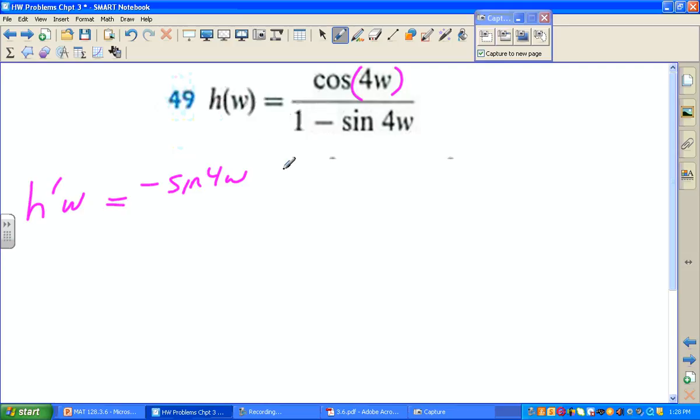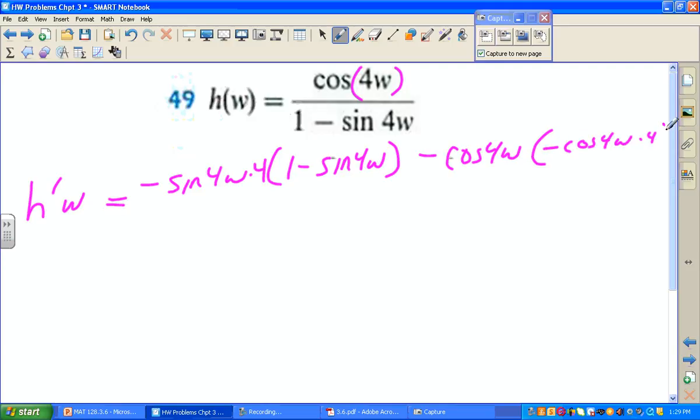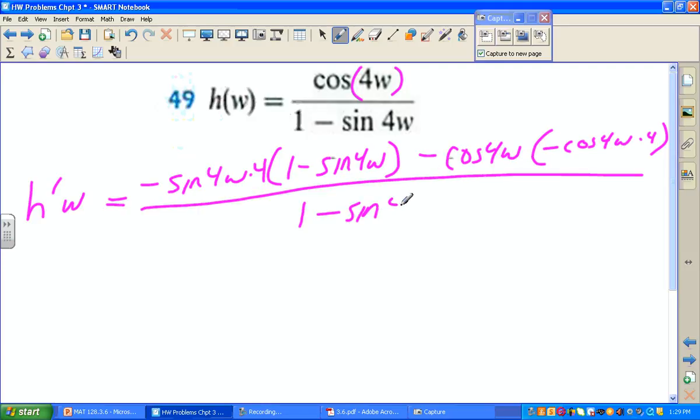That's the derivative of the numerator times the denominator minus cosine of 4w. Oh yeah, times derivative of the inside, which is 4. Thanks, Rachel. Derivative of 1 is 0. So I have a negative cosine 4w times 4. All over the denominator squared.